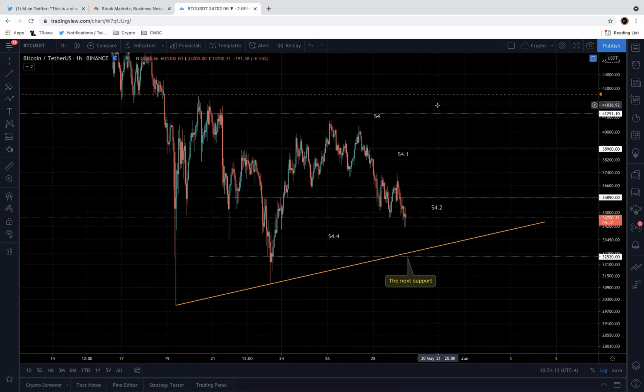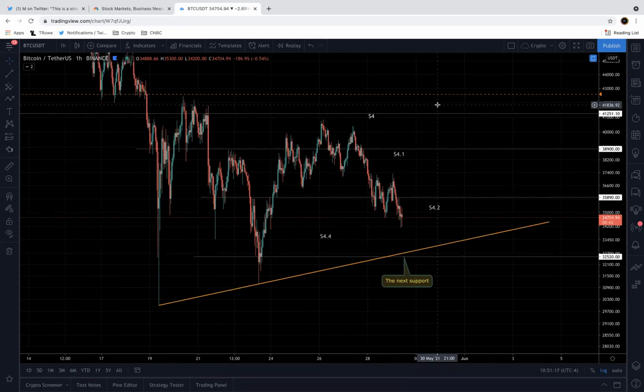S4 is the requirement, and yesterday I mentioned that if it breaks above 42k, I'm going to turn off the alert, because it is unlikely to return back. And if it returns back, we'll see, I don't care.